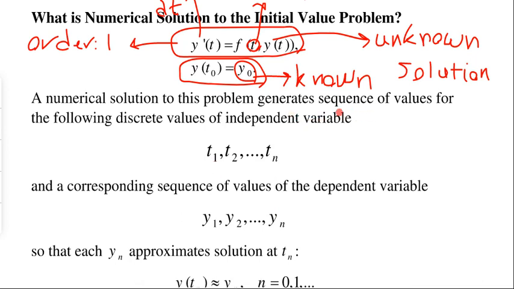Consider this sequence of values for our independent variable, t1 to tn.